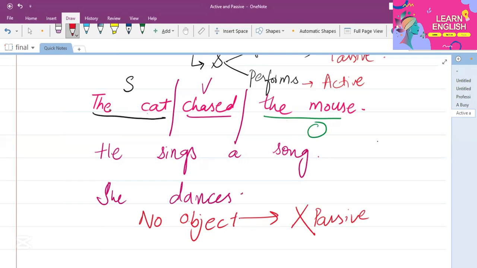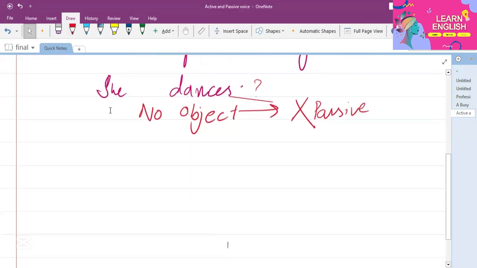For example, we have the sentence, she dances. Is there any object here? No. So we cannot convert this sentence into passive voice. We did not discuss the types of verbs today, transitive or intransitive. I've directly told you that if there is no object in a sentence, it cannot be converted into passive voice.